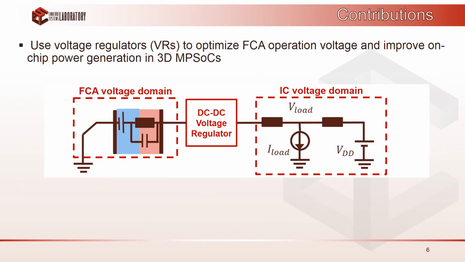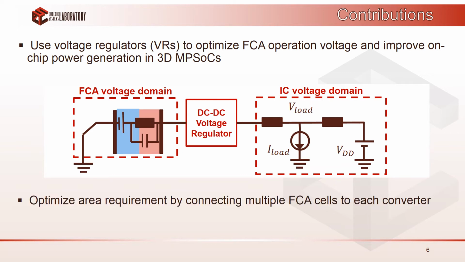Which brings me to the main contribution of this work, that is, using voltage regulators in order to optimize the operation voltage of flow cell arrays and therefore enhance the on-chip power generation regardless of chip operation voltage, as is shown in the figure.